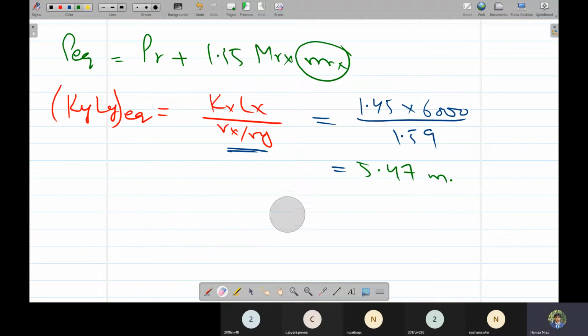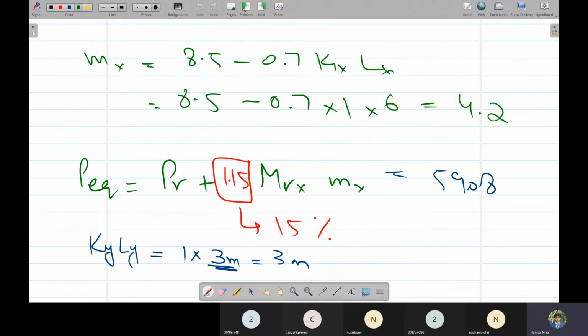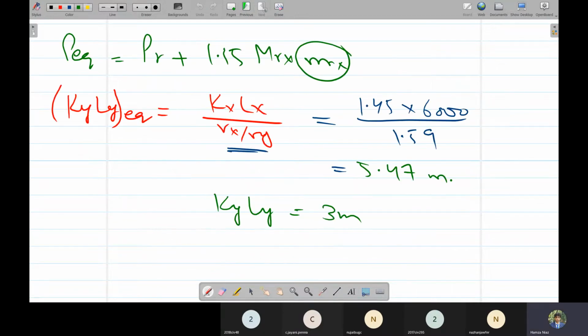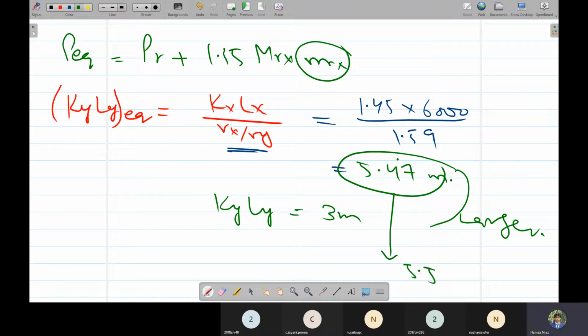We know that KYLY was 3 meters before, which we used here. KYLY is 3 meters, but KYLY equivalent is 5.47. We'll use the larger of these. So we'll use 5.47, almost 5.5 meters.